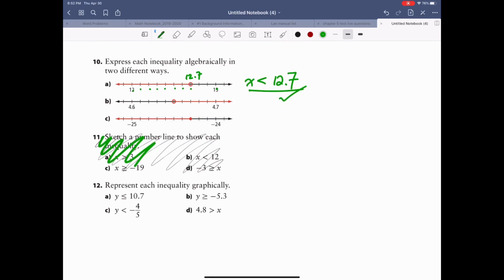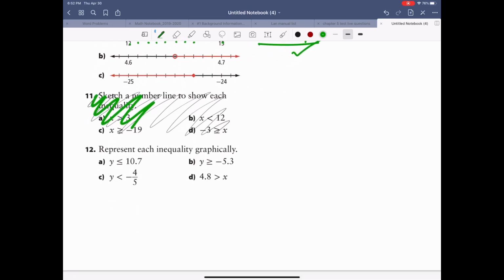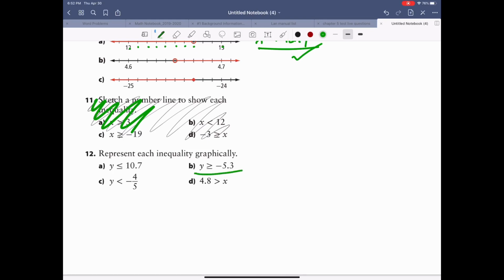Represent each inequality graphically. It's basically going backwards. Let's try this one here. If y is bigger than or equal to -5.3, just think to yourself, -5.3 is in between what and what? It's in between -5 and -6. If 0 is somewhere here and you go this way to become more negative, then here should be -5, and here should be -6.